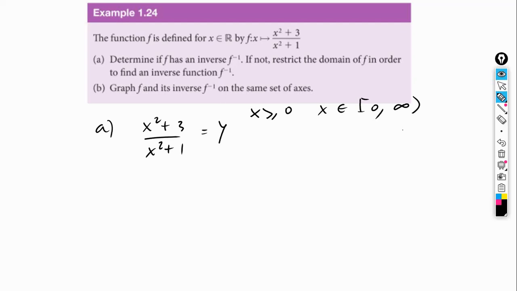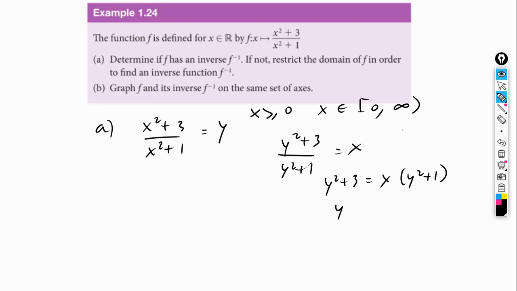So we could rewrite this as y squared plus 3 over y squared plus 1 is equal to x, and we have to solve for y squared, right? So notice that we can send this to multiply x, so we can get y squared plus 3 is equal to x times (y squared plus 1). Distributive property, right?